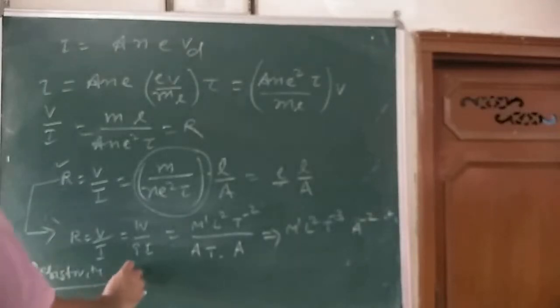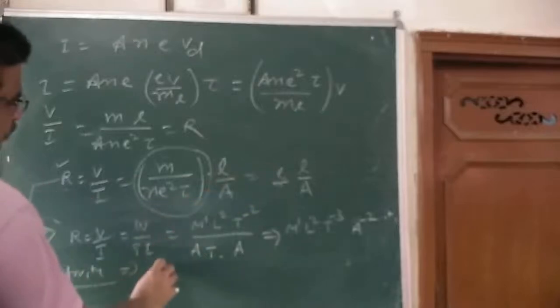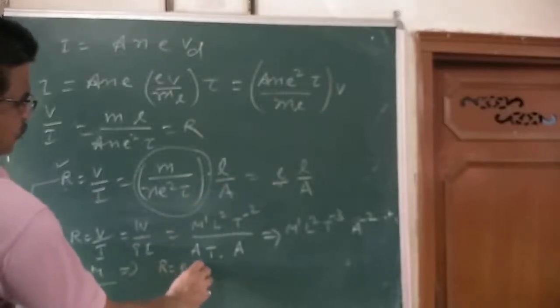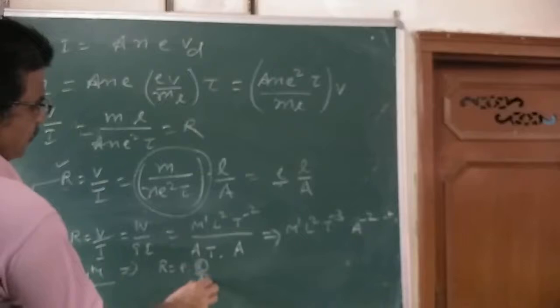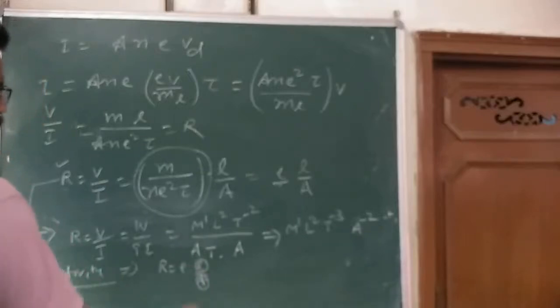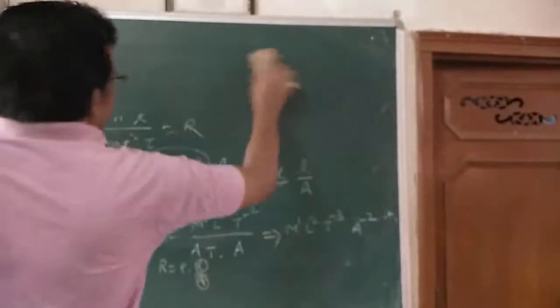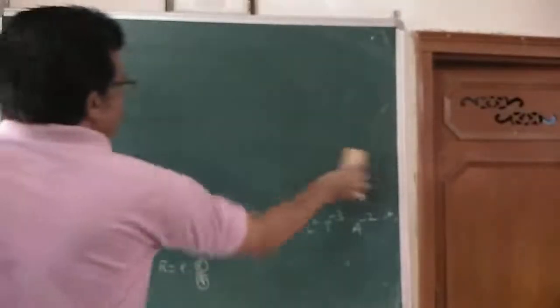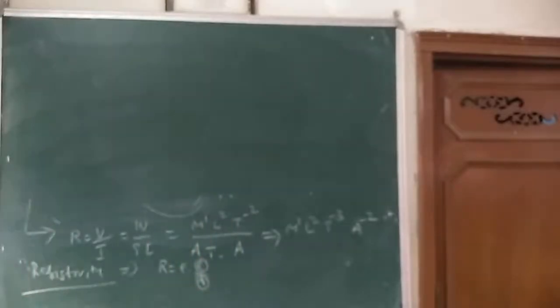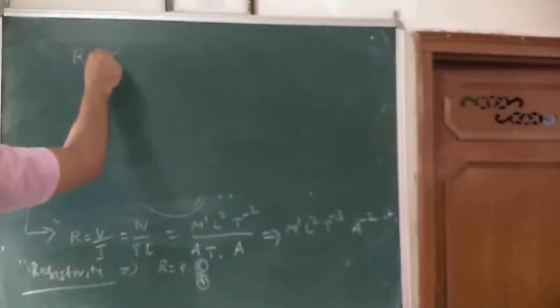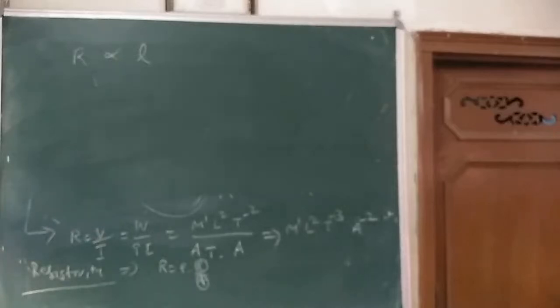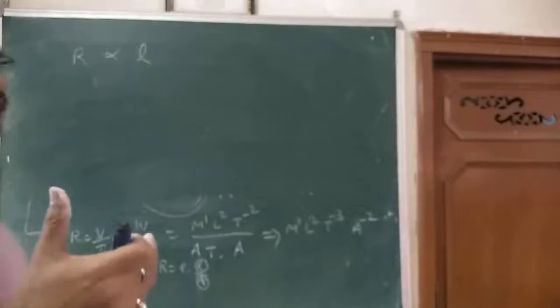Dear children, I want to say here R is equal to rho into L by A. So resistance depends mainly on 3 factors. First one is, resistance R is directly proportional to the length L of a conductor.